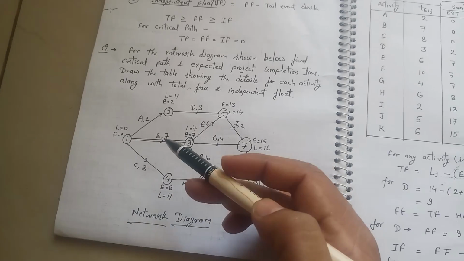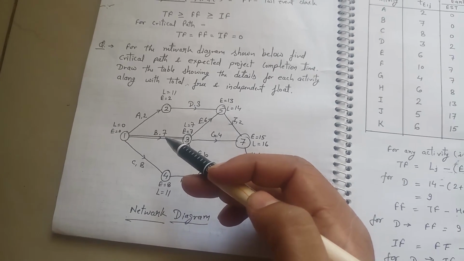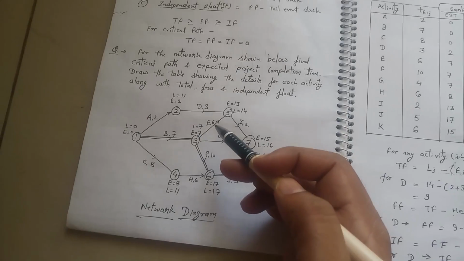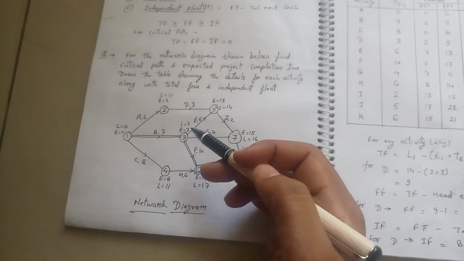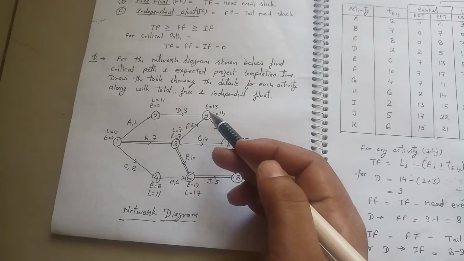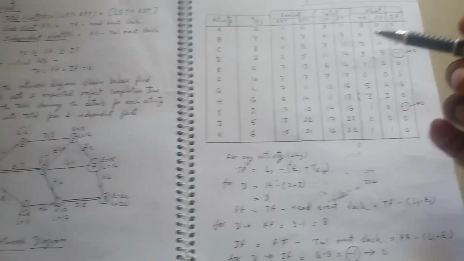So 1 to 3 it takes 7 hours, and from 3 to 5 it takes 6 expected time, so 7 plus 6 is equal to 13, which is the earliest finish time. Okay, now come to the table.